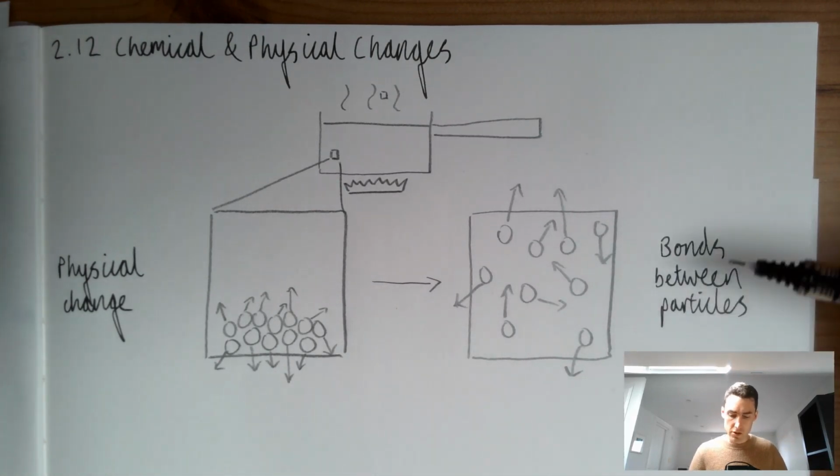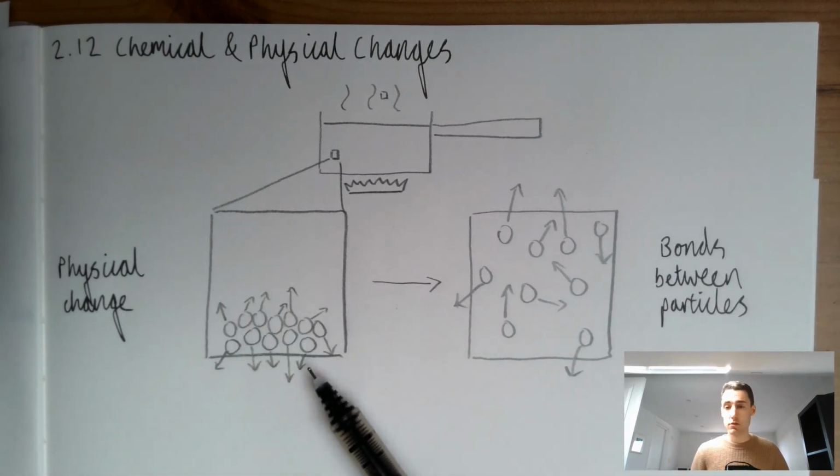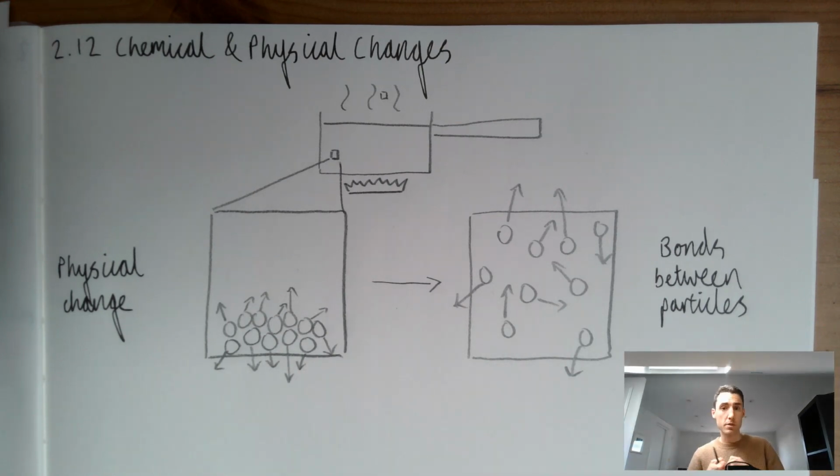But that is the fundamental point, that the particles themselves do not change, it's the bonds between them that change in a physical change. And this is why, as we'll find out later, physical changes tend to be reversible, because if you somehow reduce the energy of those particles, well then those bonds, what we'll later call intermolecular forces when we get to year 10 bonding, will be able to reform.